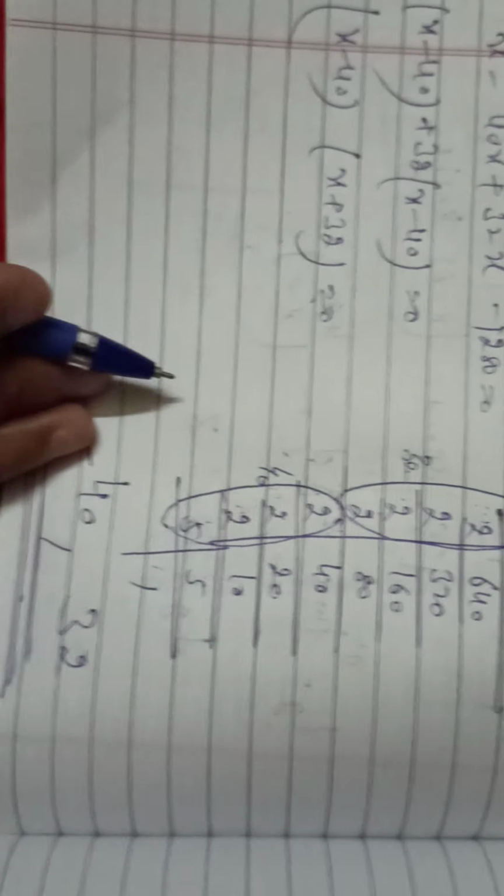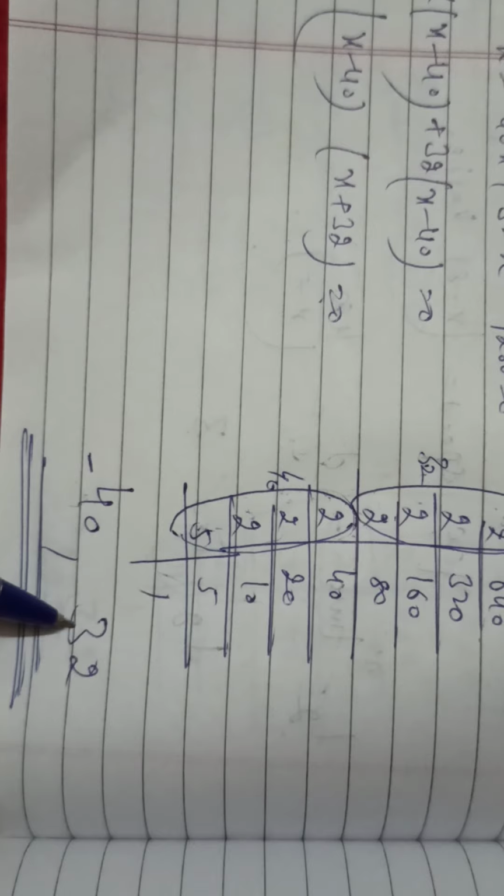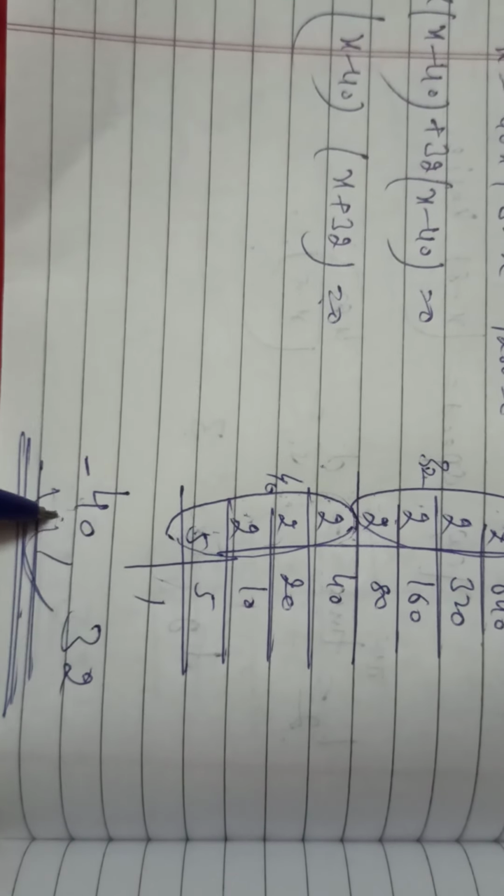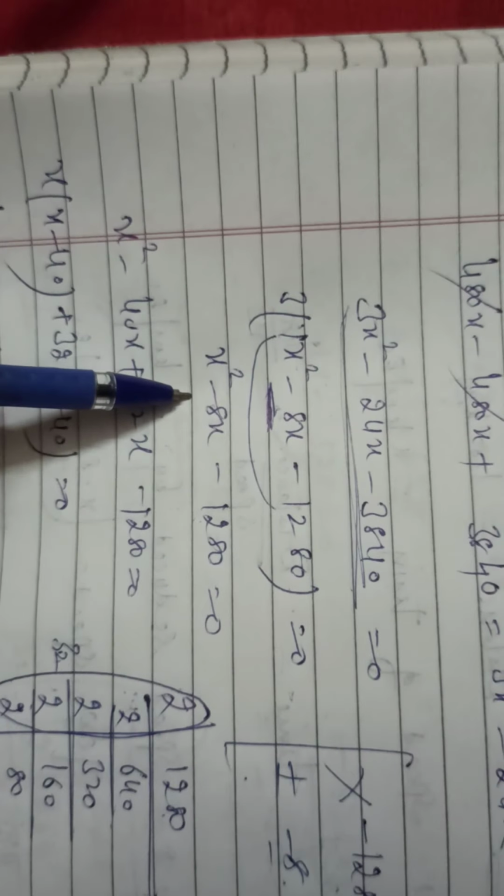Which pair? Tell me. Minus 40 plus 32, because with minus 40 plus 32, we get minus 8.